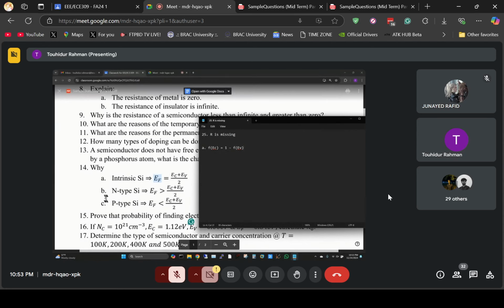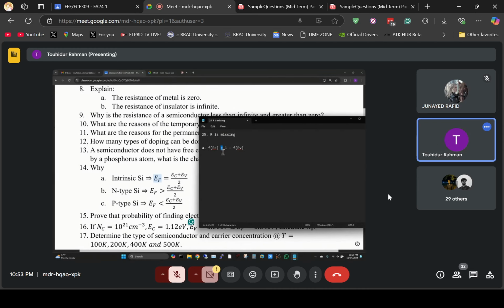For number B, the expression should be greater. If you do the calculation, you should get to solve these three equations. If you solve these three equations, you should be able to get these expressions.